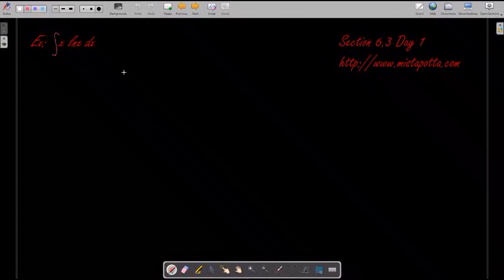Now remember what I said is that f should simplify when I take the derivative, and this g prime should be easy to integrate.